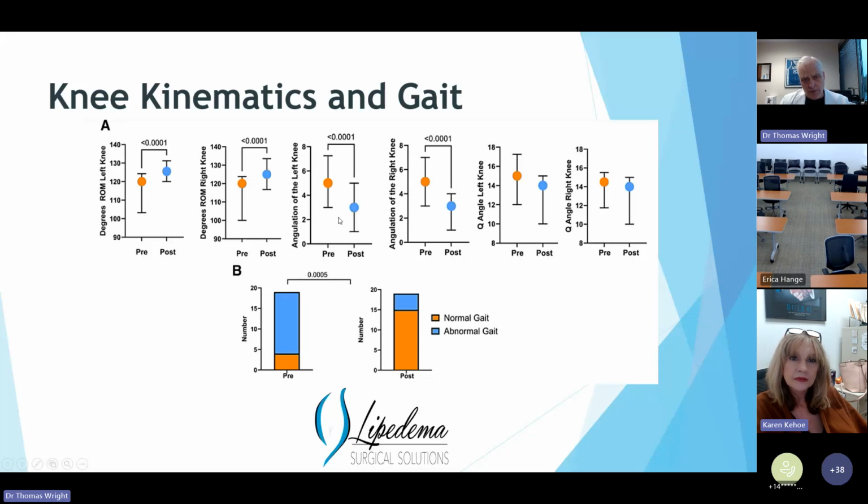Similarly, the angulation or rotation of the knee joint improved from around 6 degrees to around 3 degrees. And those were highly significant improvements. In our study, the Q angle didn't change significantly. As a result, 80% of the women in the study had an abnormal gait before, and after the surgery 80% had a normal gait.